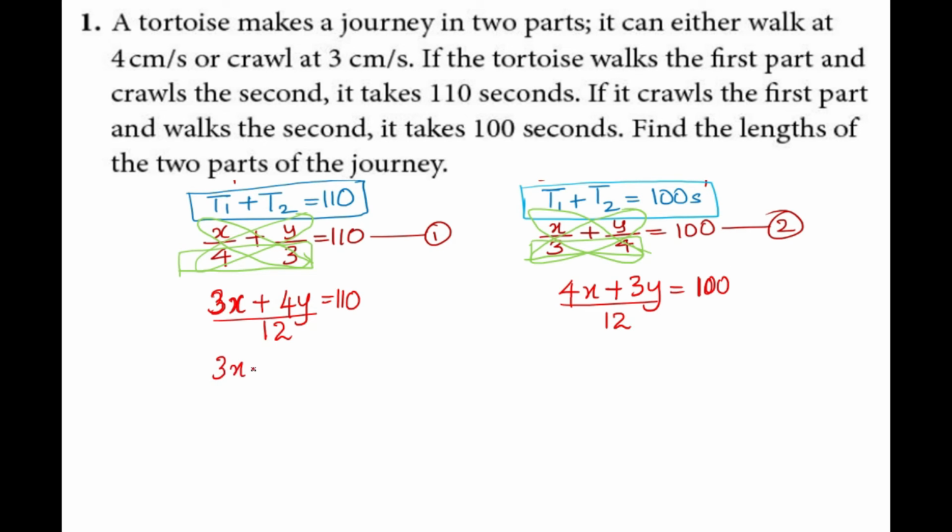So 3x plus 4y is equal to 1320, and here it's going to be 4x plus 3y equal to, you're just going to cross multiply, 1200. You can decide which method you are going to use. I'm going to use the elimination method.